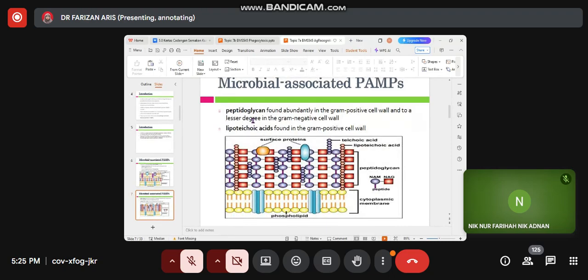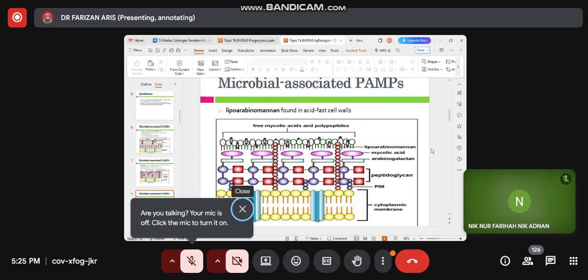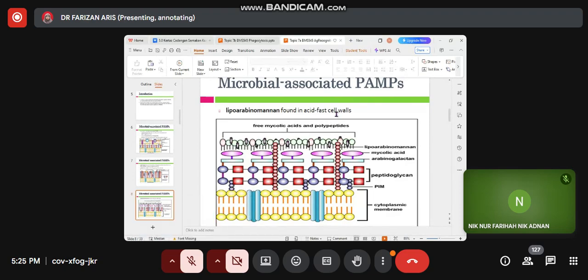So it could be peptidoglycan, could be lipoteichoic acid if it's gram positive bacteria, versus gram negative bacteria. And another part of the molecular structure of acid fast bacteria could be lipoarabinomannan.